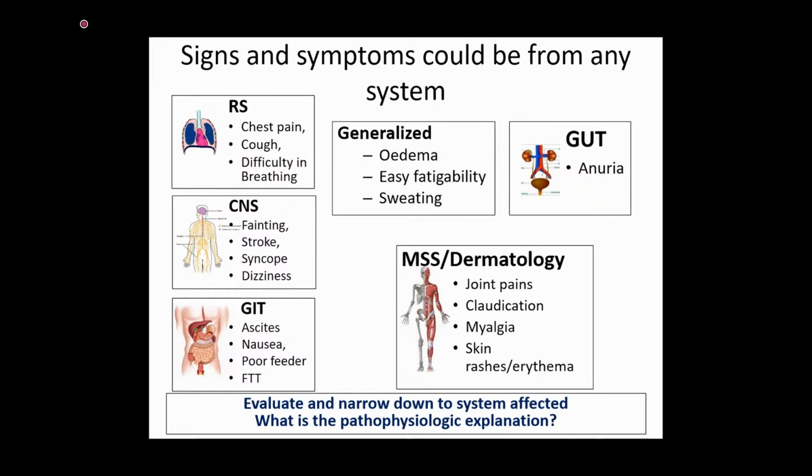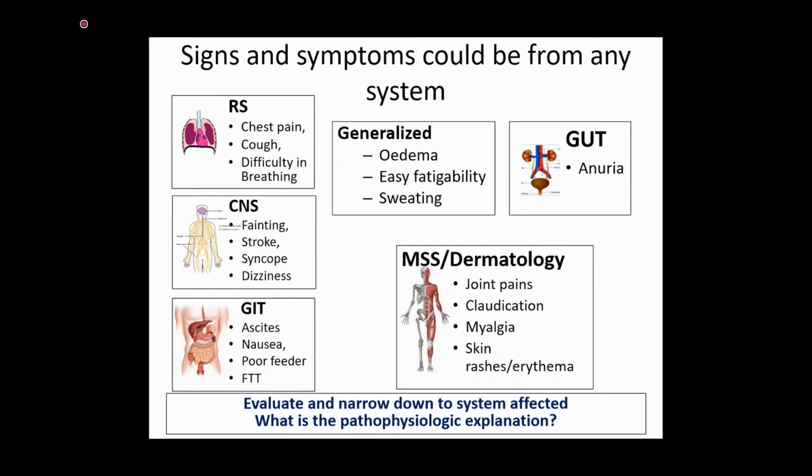Some of the signs and symptoms could be from any organ. Mostly it's the respiratory system, which we did a few weeks ago: chest pain, cough, difficulties in breathing, or breathlessness. Generalized signs: edema, easy fatigability, sweating, failure to thrive. From the GIT, poor feeding.